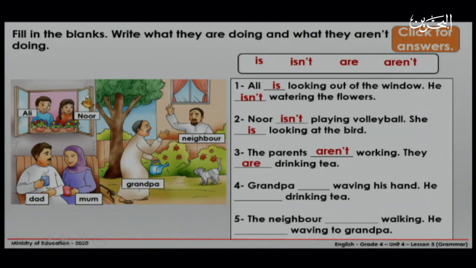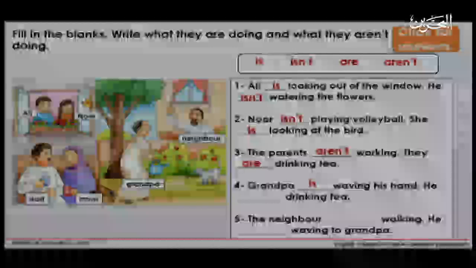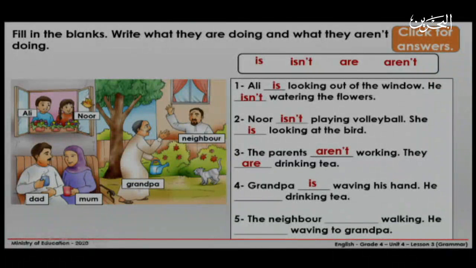Excellent. They are drinking tea. Let's read sentence number 4. Grandpa waving his hand. Is he waving his hand? Very good. Grandpa is waving his hand. He drinking tea. Look at Grandpa. Is he drinking tea? No. So, he isn't drinking tea.